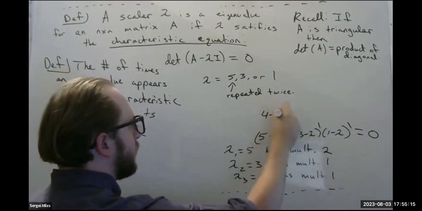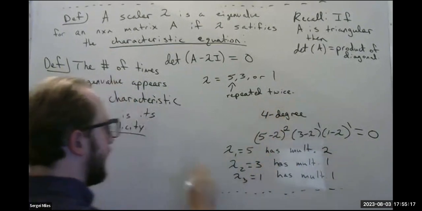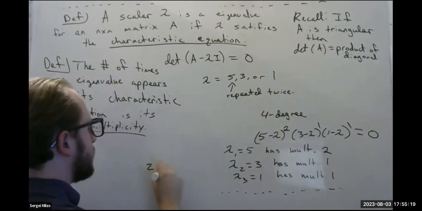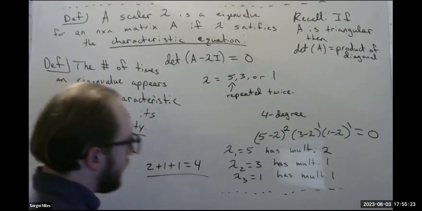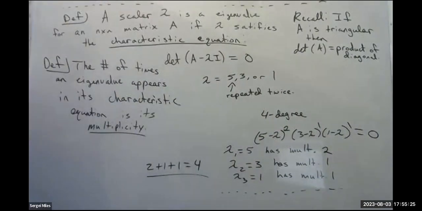This is a 4th degree. And we can see here that 2 plus 1 plus 1 equals 4. And in fact, this is no coincidence. This is always going to happen. Your multiplicities are going to add up to the degree of the matrix. Okay, great.